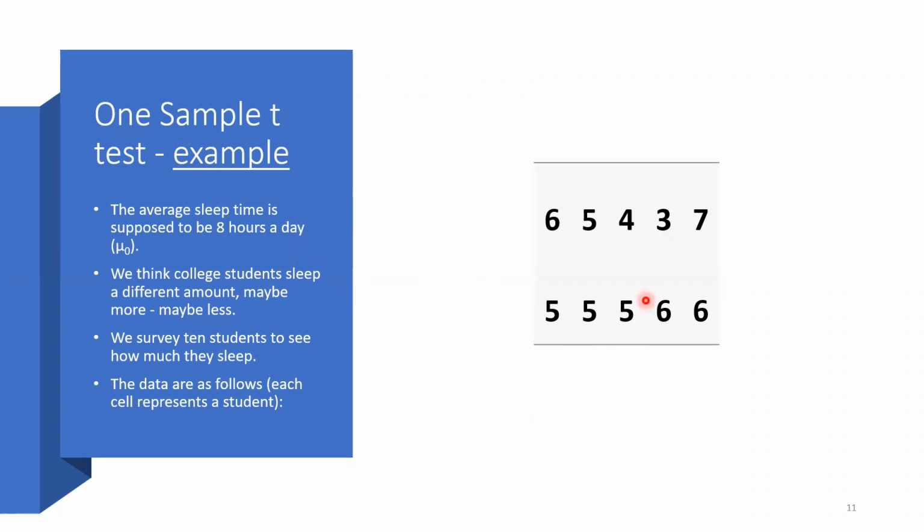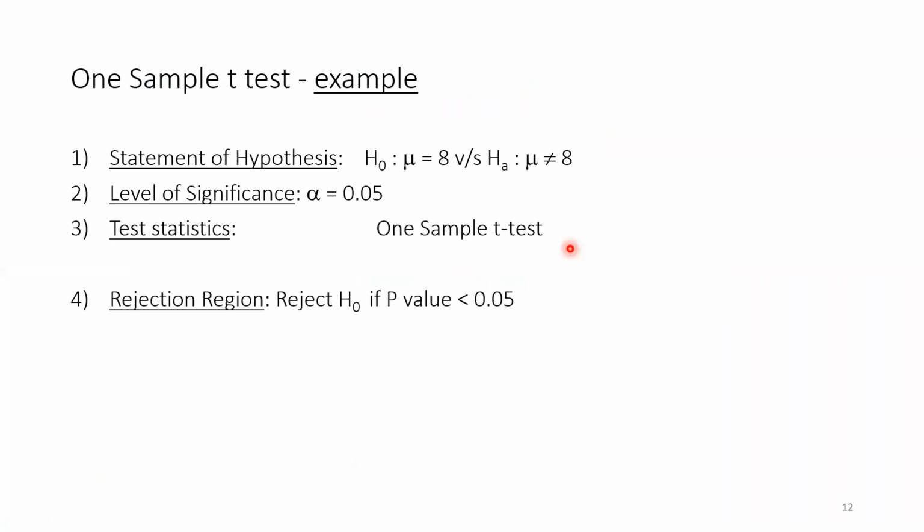Now we can proceed to the one sample t-test, and we will follow the same procedure of defining the steps of hypothesis. Step number one is to define the null and alternative hypotheses. The null hypothesis is that the student sleeps for 8 hours, and the alternative is that the student does not sleep for 8 hours. The level of significance is 0.05 because it was not mentioned in the question.